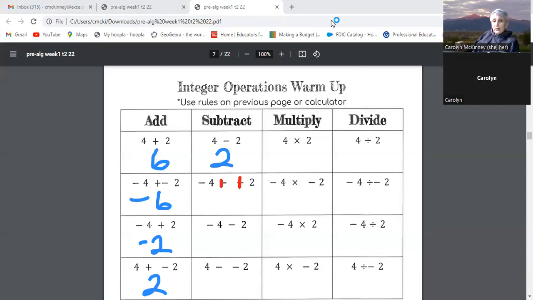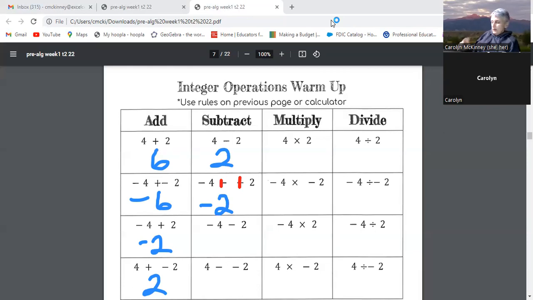So that problem becomes -4 plus +2. And if I have different signs, I will have to subtract, and the negative is bigger. So it basically turned into the one that's diagonal to the left.